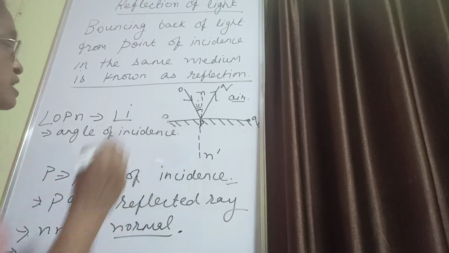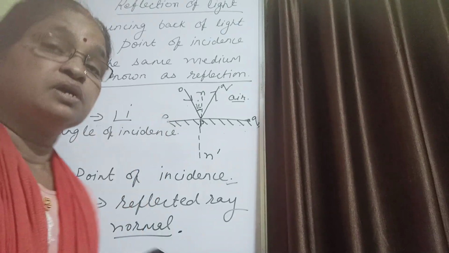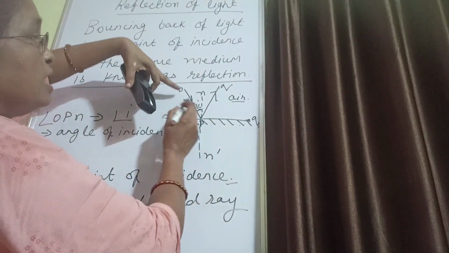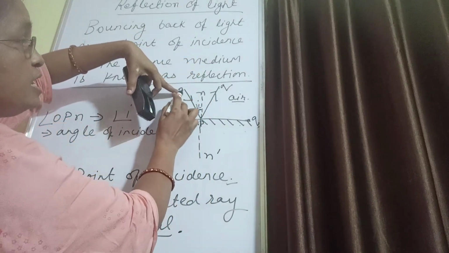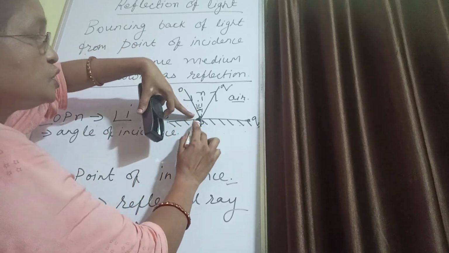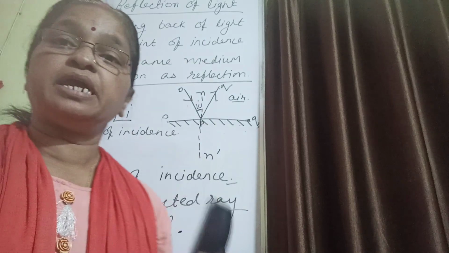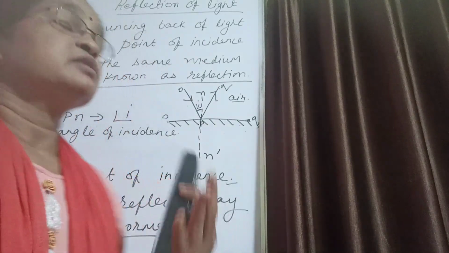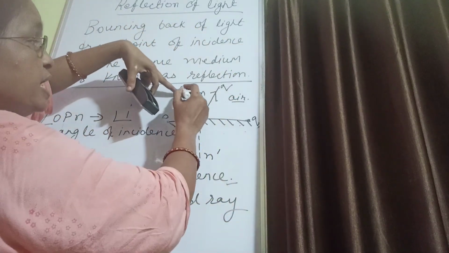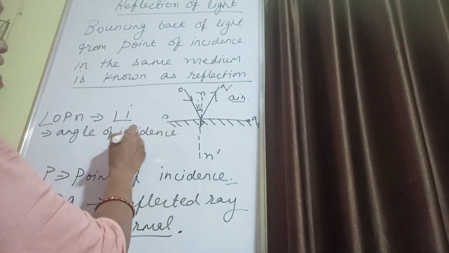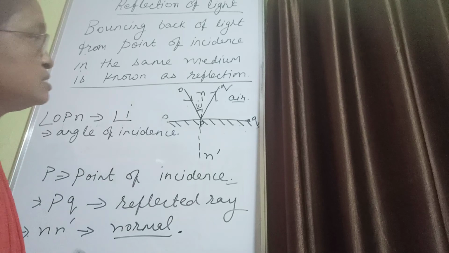How will you define this? What is this angle of incidence? Angle of incidence is the angle made by the incident ray to the normal. Always the angle is made from the normal only. So, the angle made by the incident ray to the normal is known as the angle of incidence.